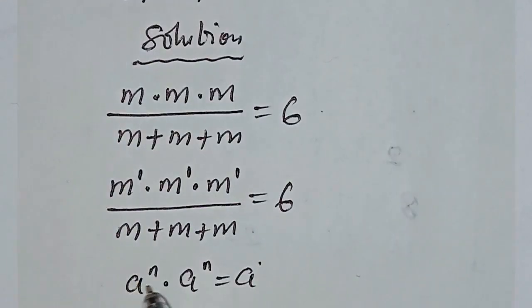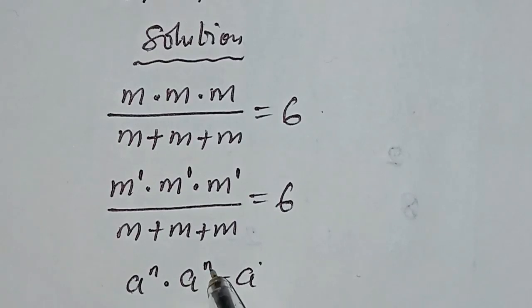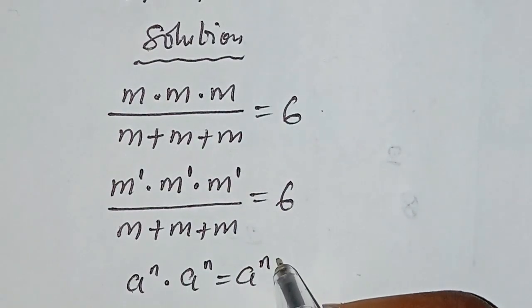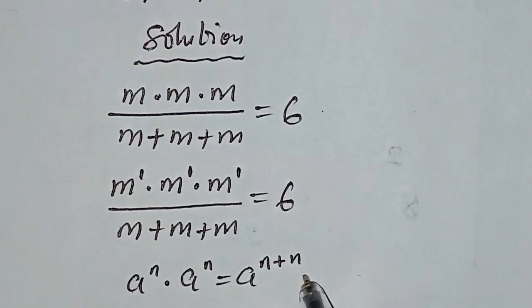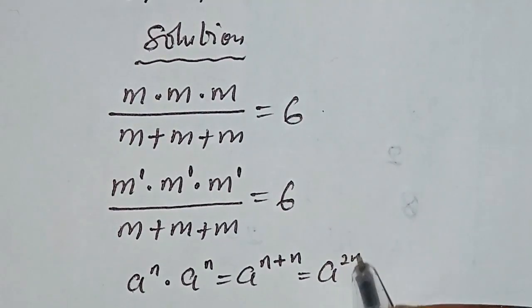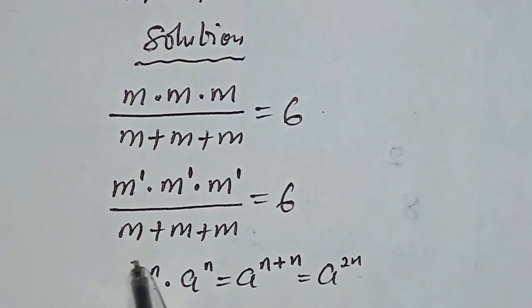So considering our identity, a to the power of n multiplied by a to the power of n will be given by a to the power of n plus n, which will be equal to a to the power of 2n.